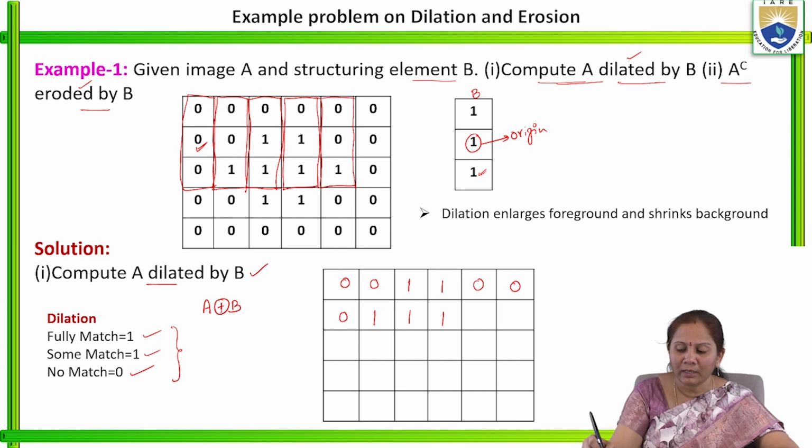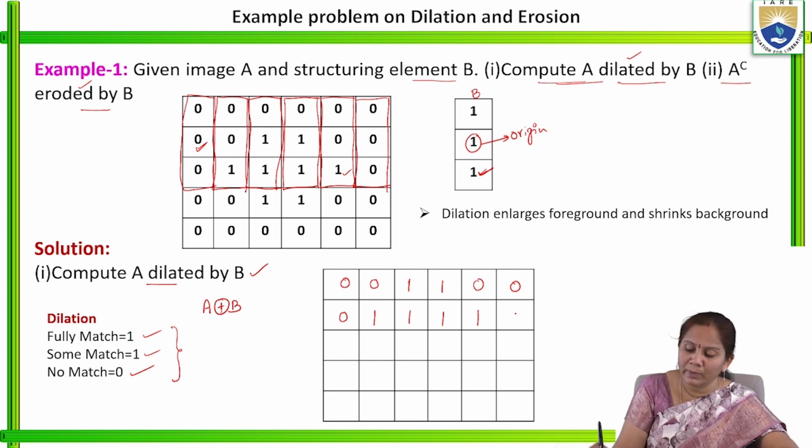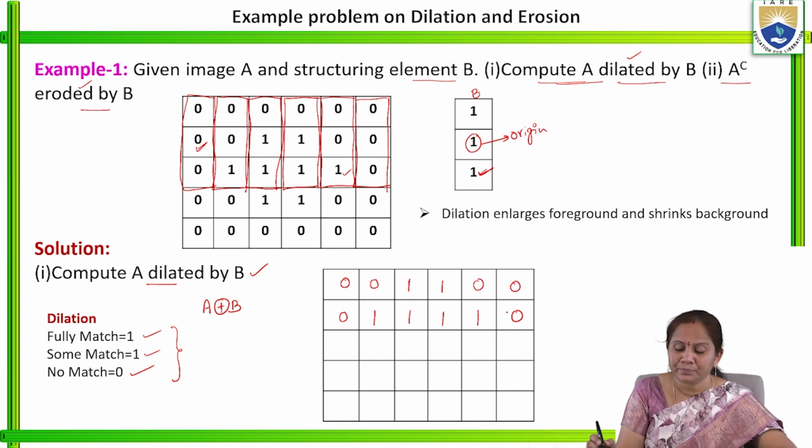So at least one element is matched, so the output pixel value will be 1. Similarly here, the last column, 1, 1, 1, but here in the image A we have all zeros. No elements are matched, so here we will put 0.